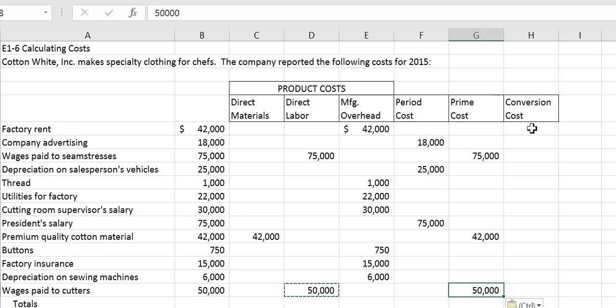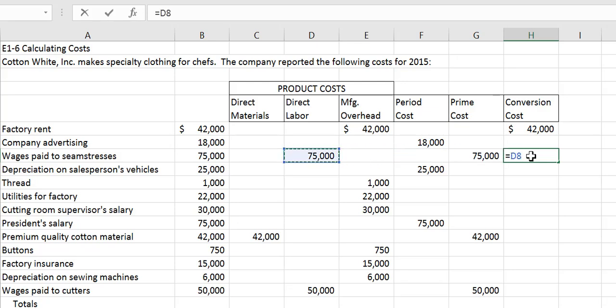And then conversion costs, that's simply the labor plus the overhead. So we'll take that one, that one. All three of these.